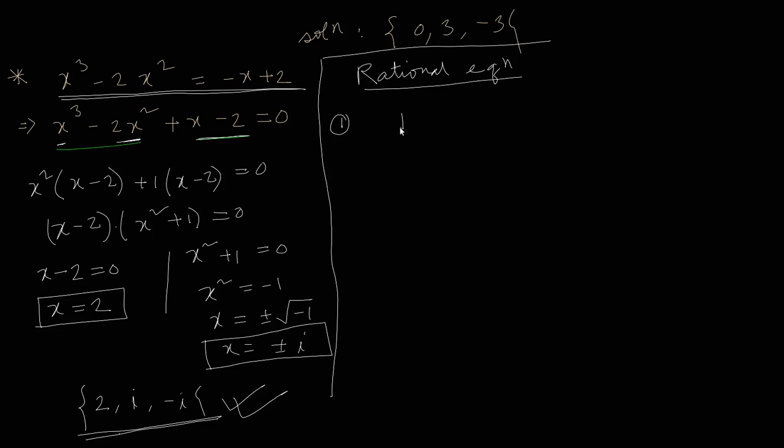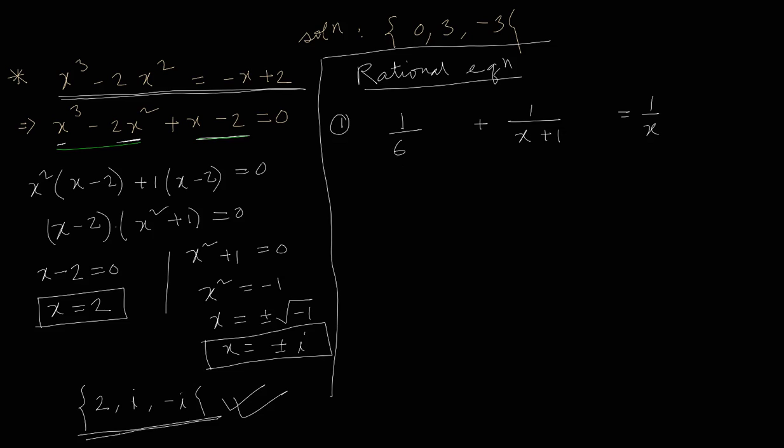Let's say I have 1 over 6 plus 1 over x plus 1 equals 1 over x. Okay, so this is a rational equation, as you can see.